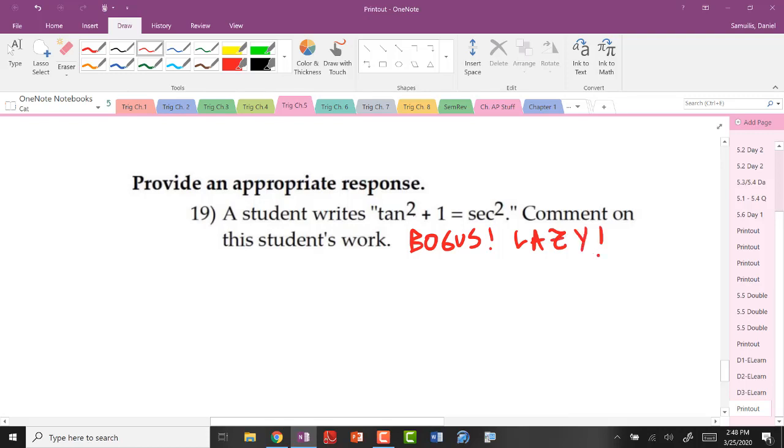You don't write tan squared alone. You have to have tan squared of, I'm starting to get excited, upset, x. This is lazy when we're checking your work on identity solving or identity proving. They don't write these, and it's mathematically wrong. It's just not good. So that's the comment on that student's work.